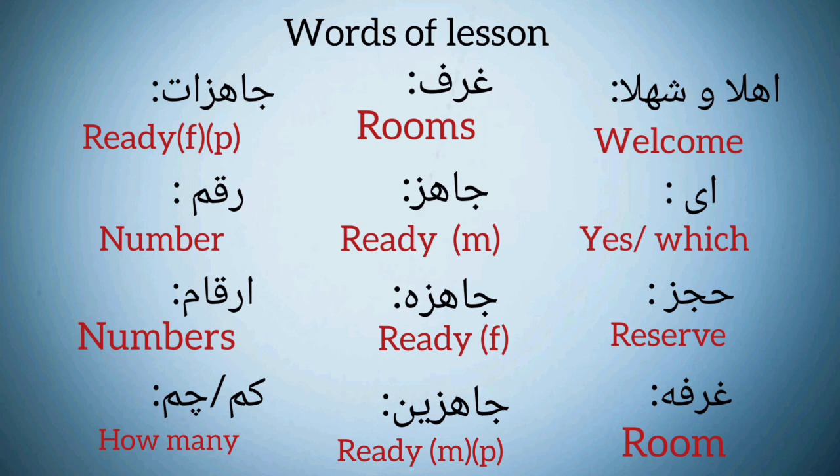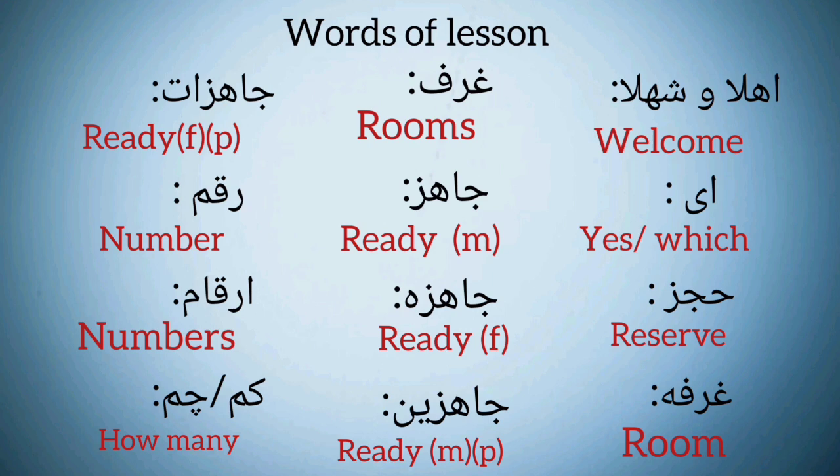غرفة means room, and the plural is غرف, rooms. جاهز means ready. This one is masculine. جاهزة is feminine, ready. If a female says I'm ready, she has to say أني جاهزة. هي جاهزة.